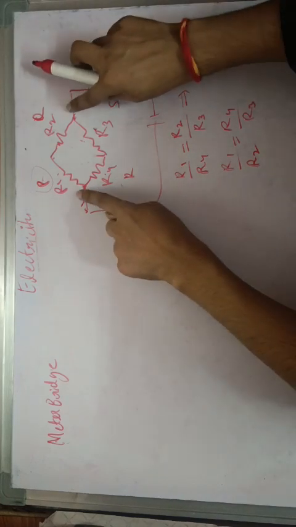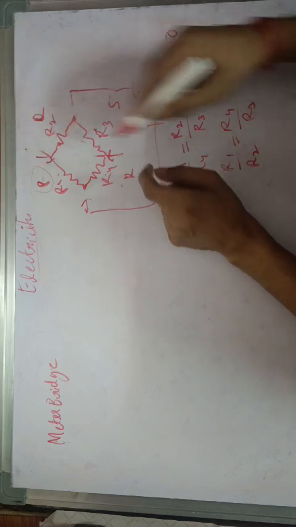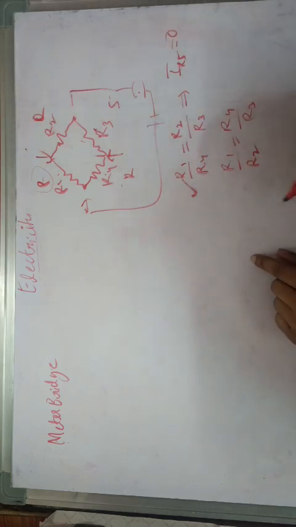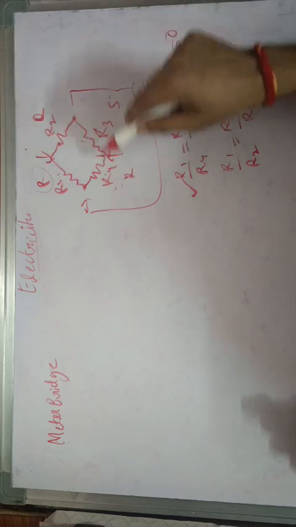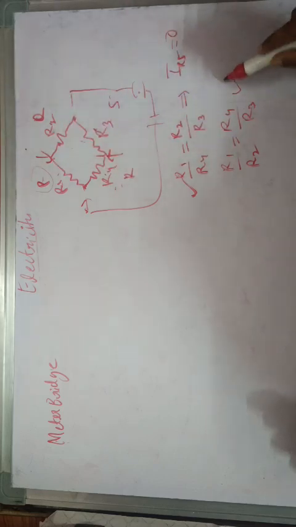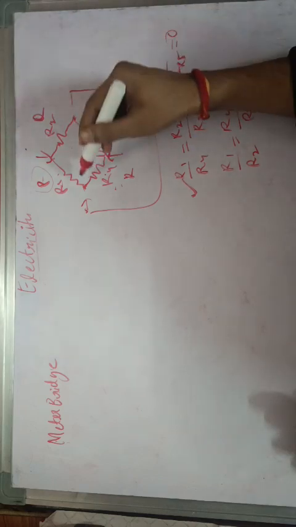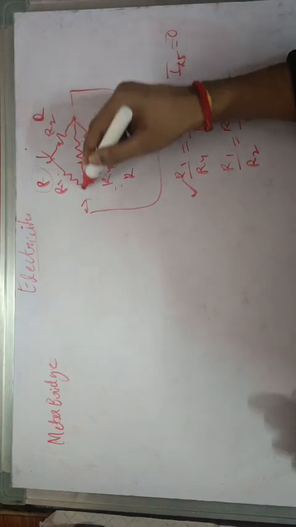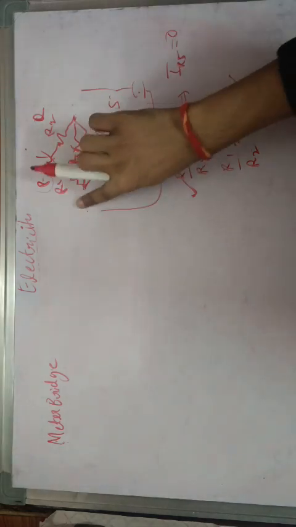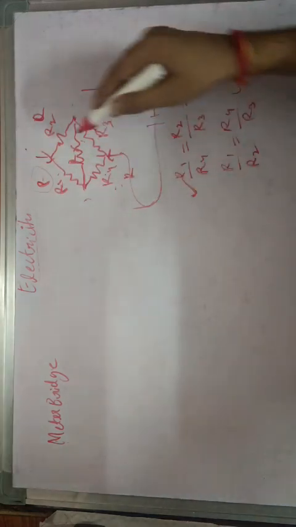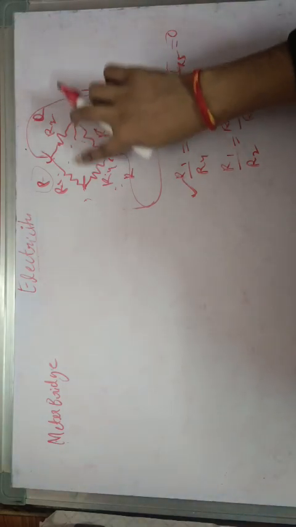And if, instead of these 2 points, I connect them like this, and if this condition was followed before, then this R1 by R2 is equal to R4 by R3 is also followed. It means that if I connect a resistor R5 here now, and provide the same potential like I did before, but in this manner, then still the current in this would be 0.